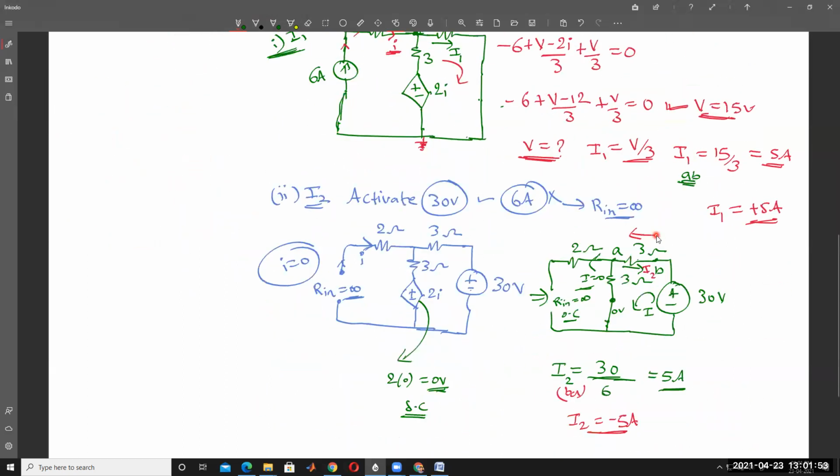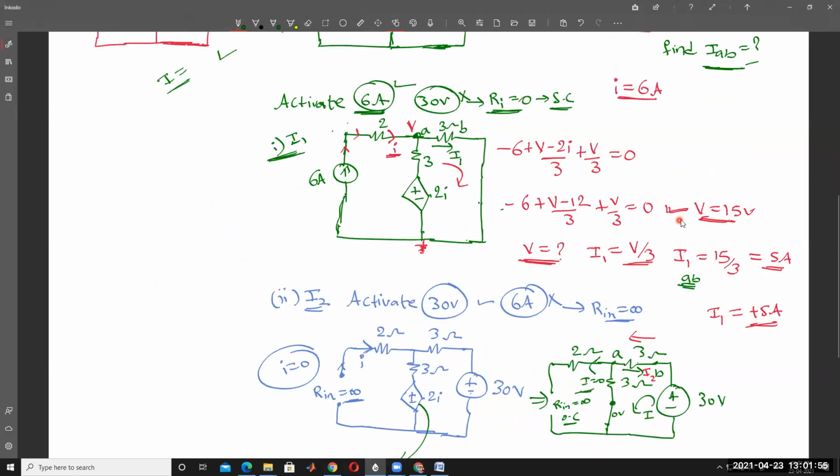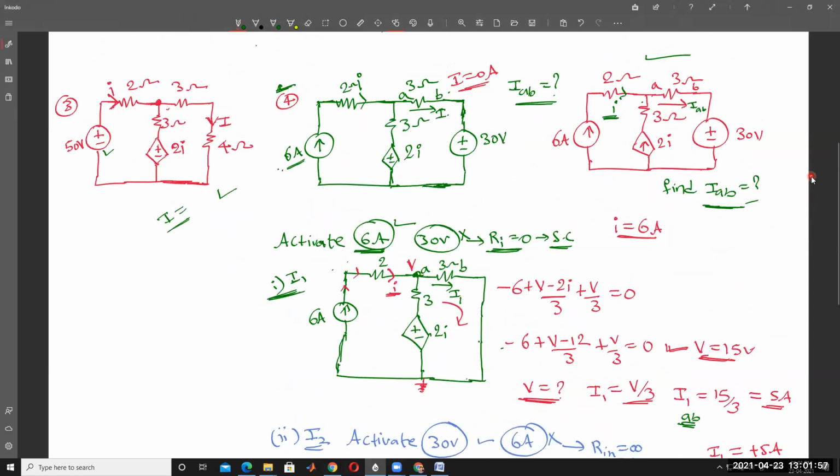Voltage 0 means short circuit, but current 0 means open circuit. So open the circuit and do the calculations. Understood?